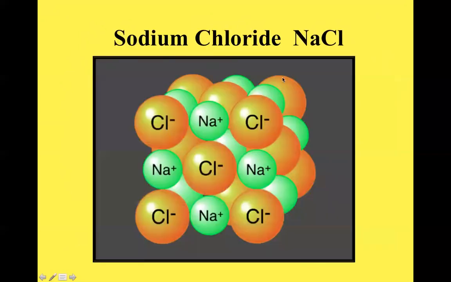And here's an example of an ionic compound, sodium chloride. Sodium actually donates all of its electrons over to chlorine. So sodium becomes positive, chlorine becomes negative. This is an ionic compound. So you form a positive and a negative, and that's what holds all these atoms together in this crystal lattice structure. So it's a different type of bond than these over here.